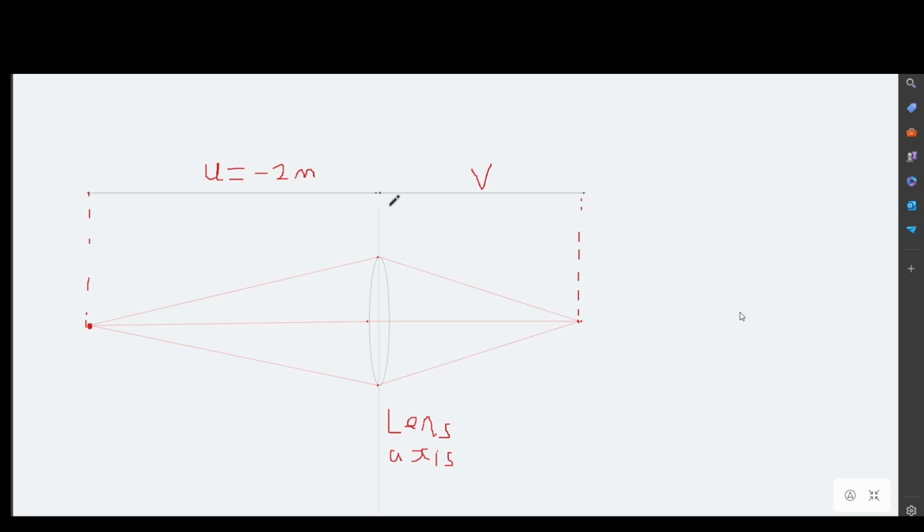The direction here is minus 2, so minus means to the left and positive means to the right. So this is minus because it's technically a vector, and let's say the image distance is going to be 1 meter to make it very simple. Alright, so now let's work out the focal length.